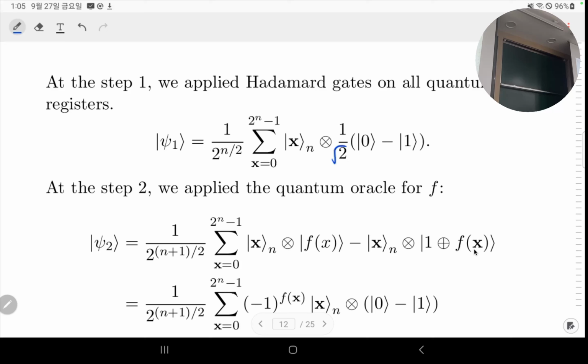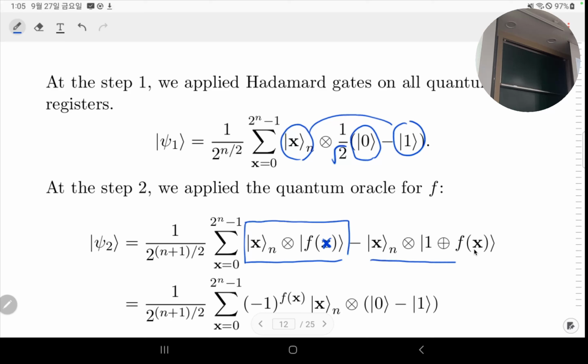Let's apply the oracle. The oracle says, depending on the value of x, the value of the output state is changed. Here is one possible choice. Because of the tensor product with these two, depending on x, here it has to be boldface x, you get the value f of x, either 0 or 1, but when you add to 0, it's always the same. And because of this tensor product, you get this part.